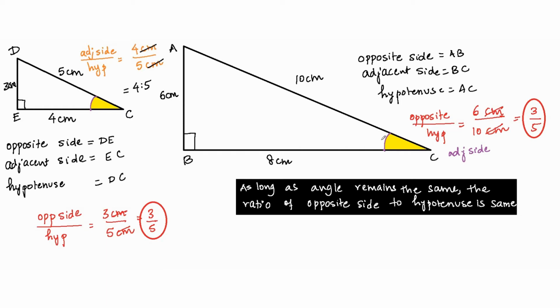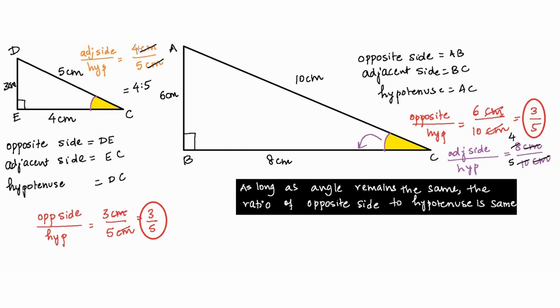So the adjacent side with respect to angle C is 8 centimeters. So adjacent side is 8 centimeters and the hypotenuse is 10 centimeters. So again centimeter cancels. So this is 8 upon 10. 8 upon 10 can be simplified as 4 upon 5.